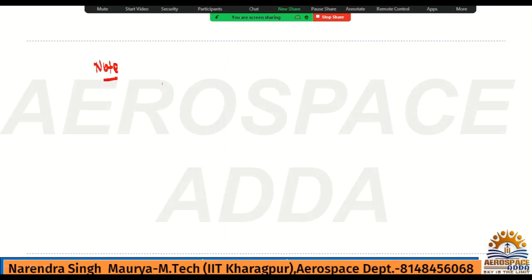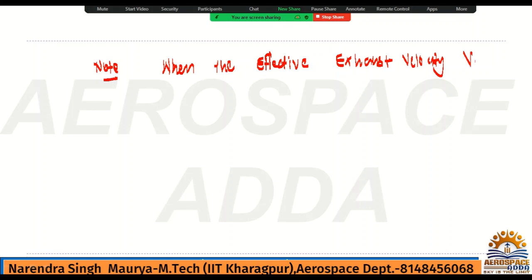Note: when the effective exhaust velocity V equivalent and mass ratio are the same.